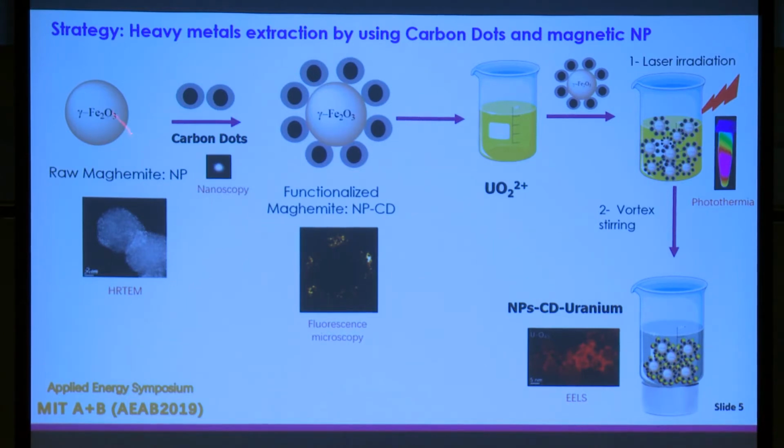The idea is to combine these two materials to obtain functional materials able to extract uranium dioxide. At each stage, we combine different techniques, spectroscopic and materials techniques, in order to understand the process.